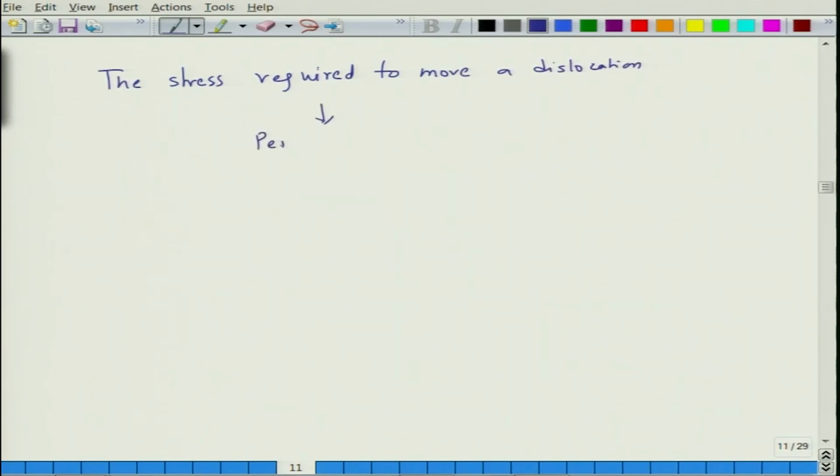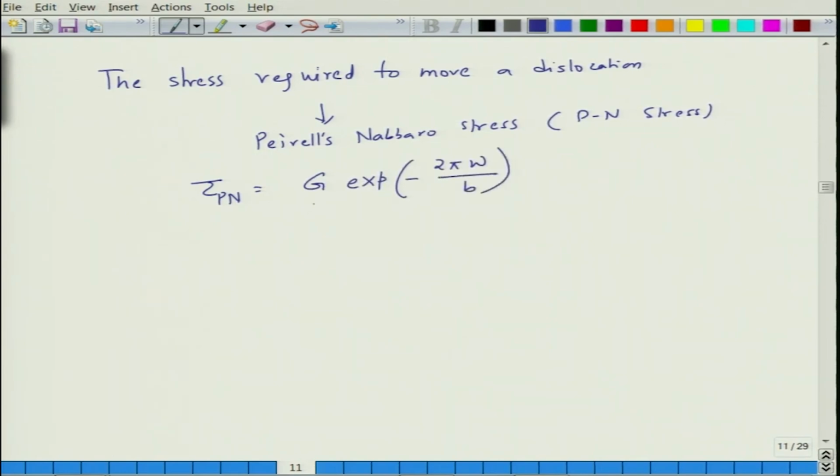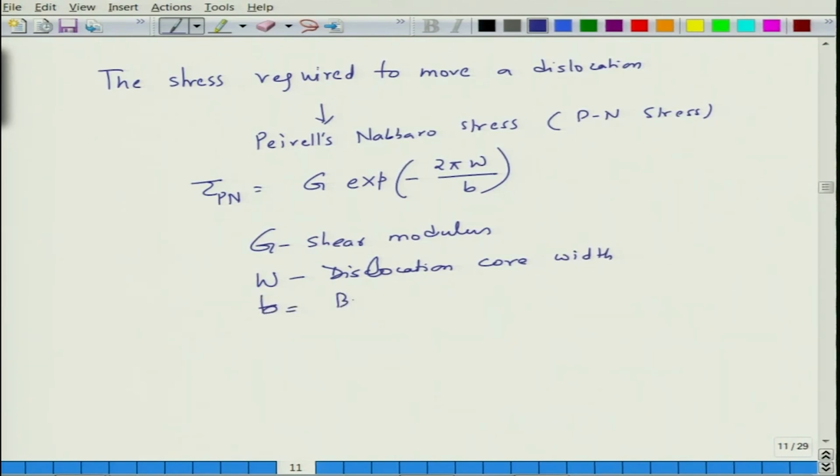So, this is the stress which is called the Peierls-Nabarro stress or Pn stress, and this is given as tau Pn = G times exponential of minus 2 pi W divided by B. Here G is the shear modulus, W is the dislocation core width, and B is the Burgess vector.